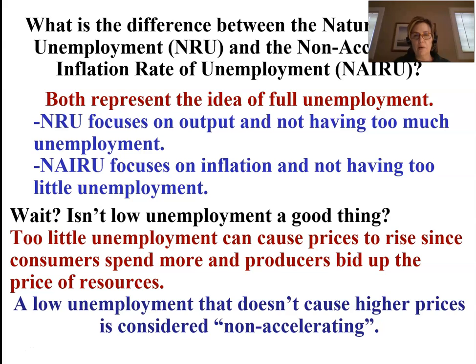Wait, isn't low unemployment a good thing? You don't want unemployment to be too low because that can cause prices to rise since consumers will end up spending more and producers will bid up the price of resources. A low unemployment that doesn't cause high prices is considered non-accelerating.